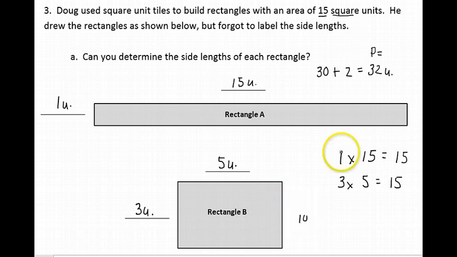So 10 plus 6 is 16. So the perimeter of rectangle B would be 16 units. Even though they have the same area, they definitely have different perimeters. And it follows that pattern where the wider our rectangle gets, the smaller the perimeter is.